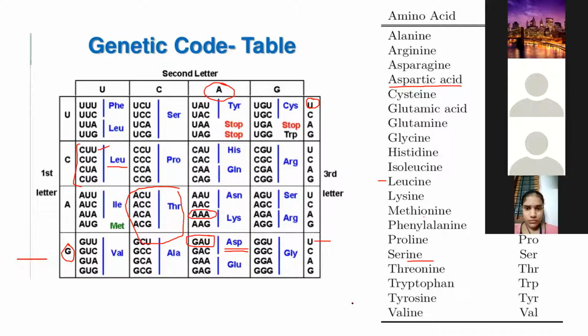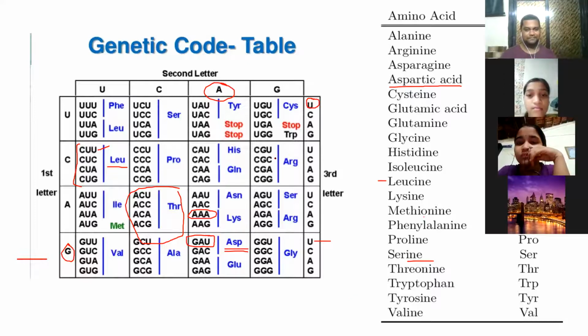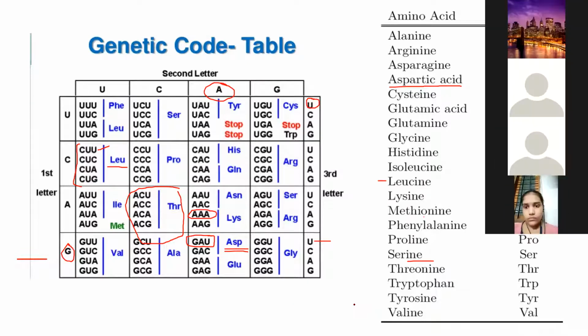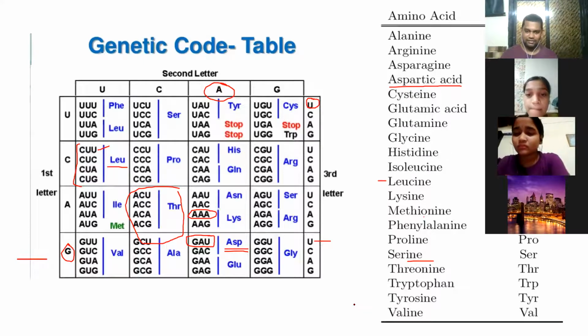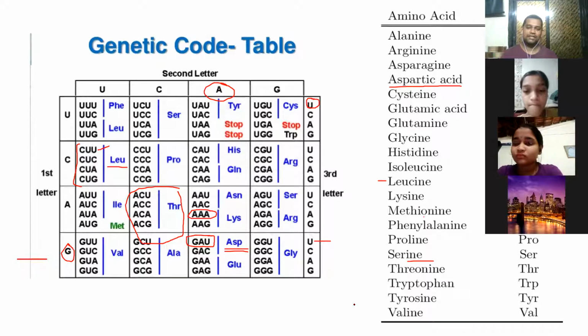AUG. So it is coding for which amino acid? Methionine. Very good. You have to remember that in every mRNA, the start codon is AUG, that is fixed. And that always codes for only one amino acid, that is methionine.